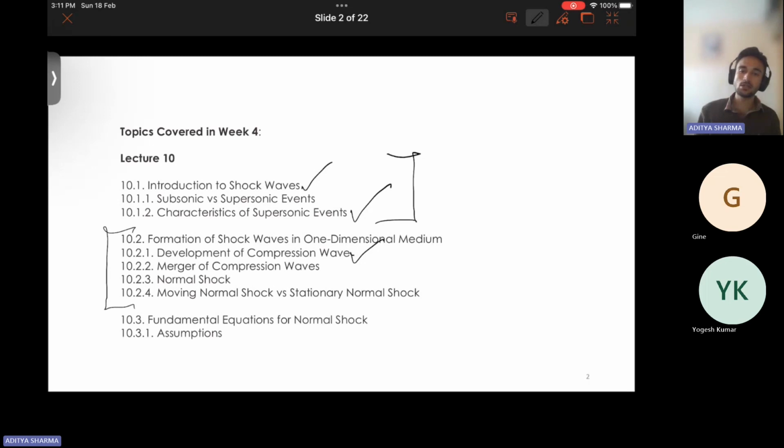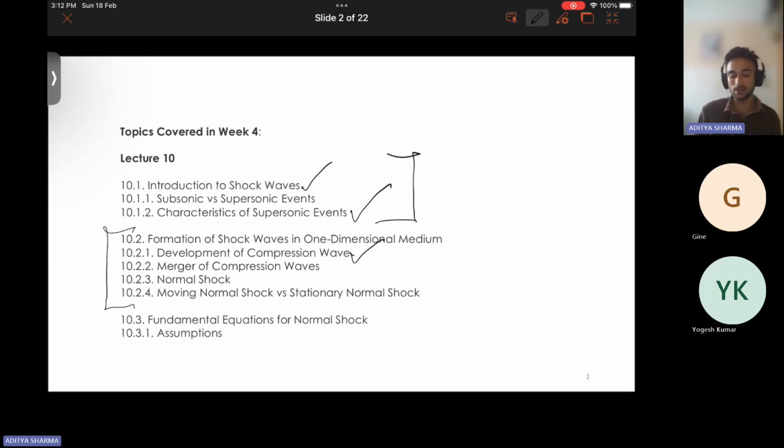Then if we move the piston from rest to some velocity, obviously there will be a gradual change in the velocity, so it won't be a constant velocity. In that case, if there are different compression waves taking place for a particular fluid, how do these compression waves interact with each other? This has been discussed.